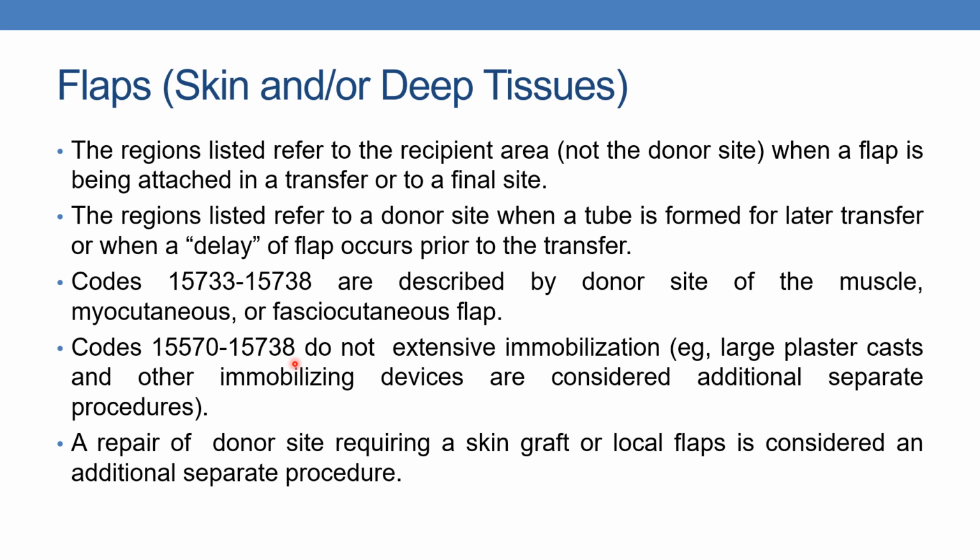The next point is that repair of the donor site requiring a skin graft or local flaps is considered an additional separate procedure. Repairs of donor sites are not included.